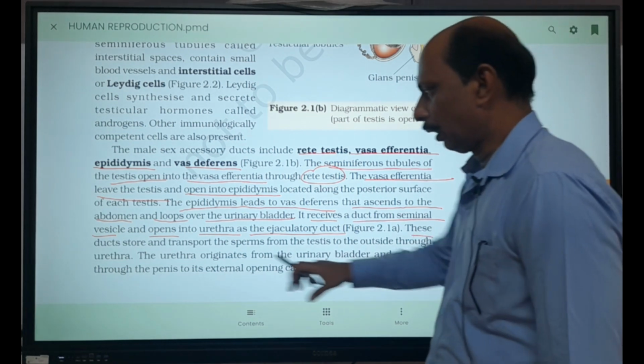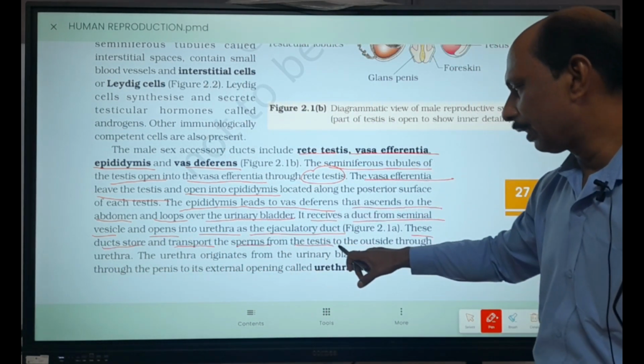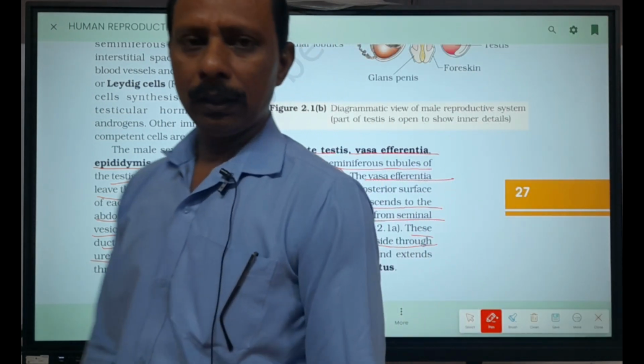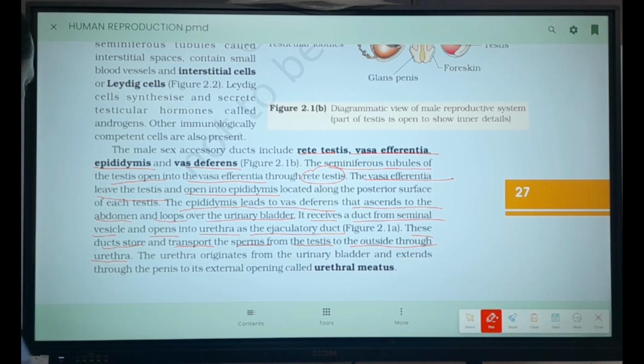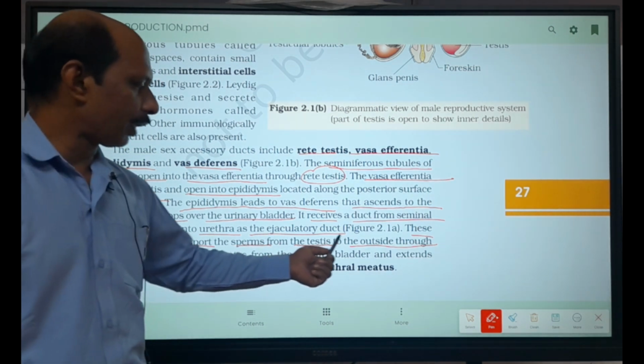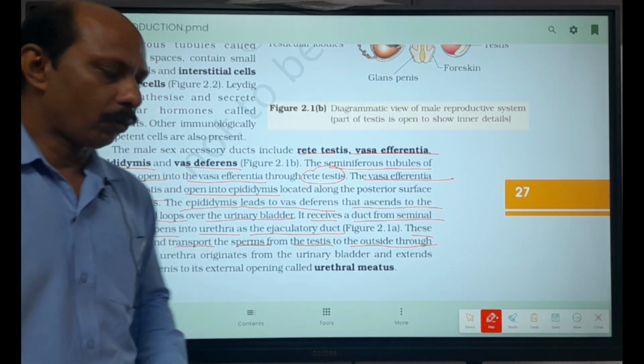These ducts store and transport the sperm from the testis to the outside through the urethra, okay? So that means transport of the sperm from the testis to the outside through the urethra. This process is called ejaculation, right?